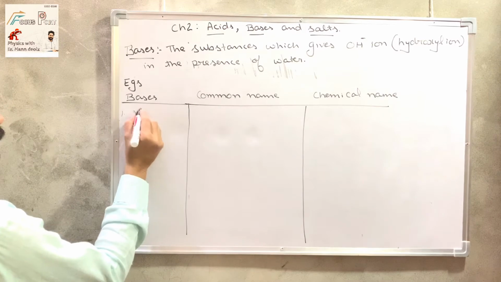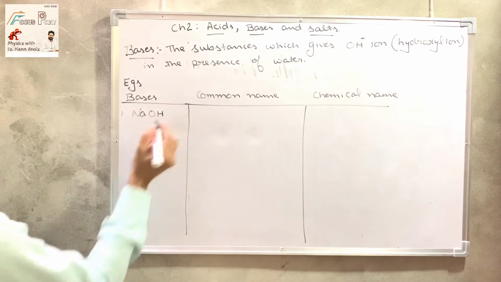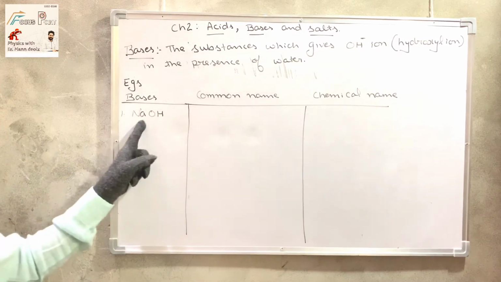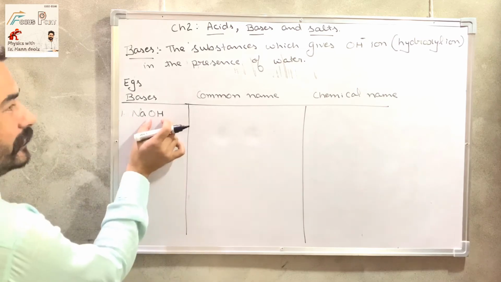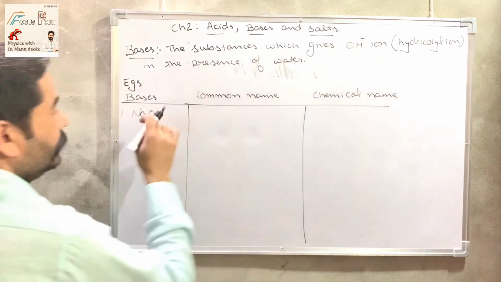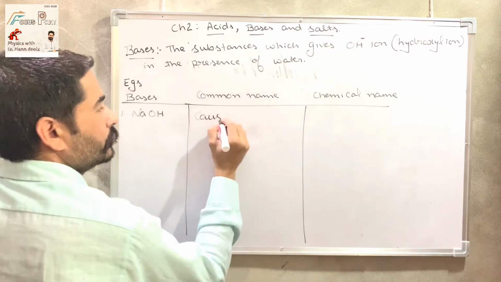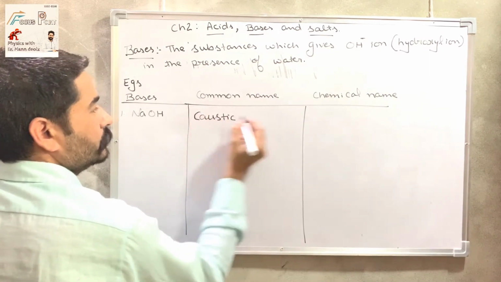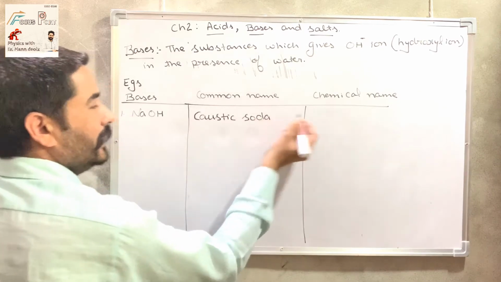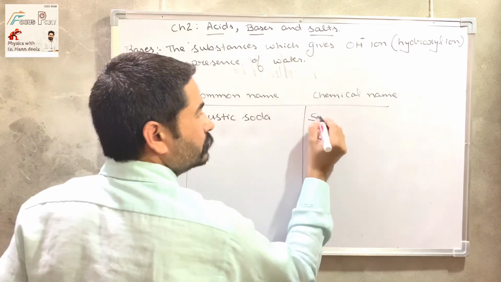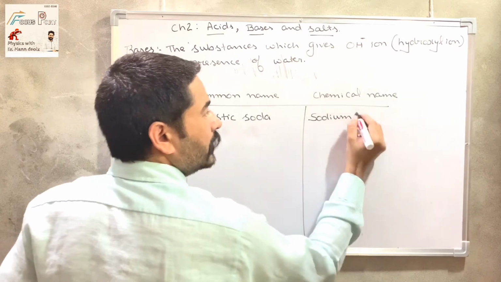So NaOH. You can easily see that it contains hydroxyl ion. Its common name is caustic soda, and the chemical name is sodium hydroxide.